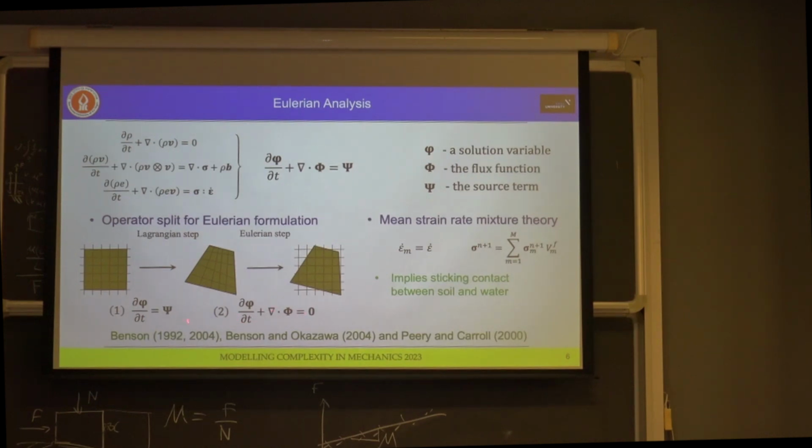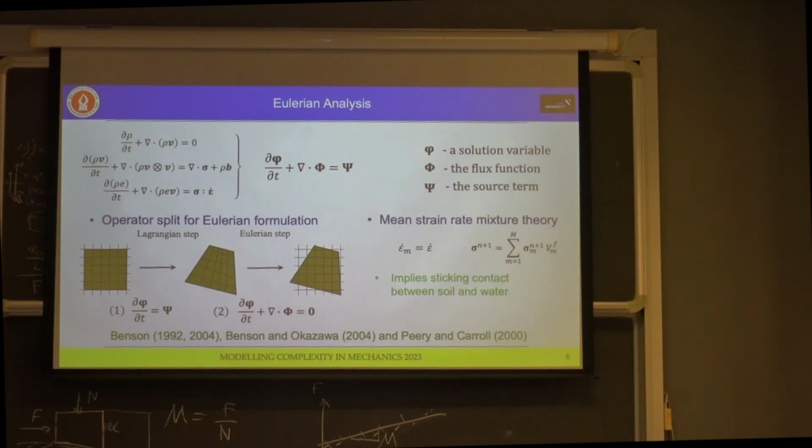We have this advective term here, and we make a geometric projection of the material to the original mesh. And we recalculate all the solution variables within each element, because each element can contain two materials, or even more.